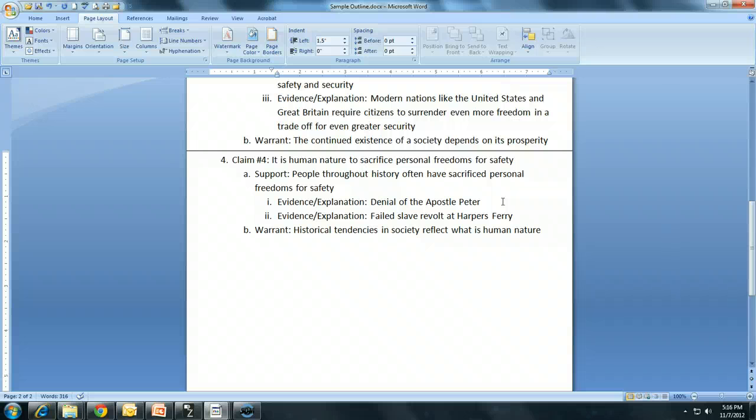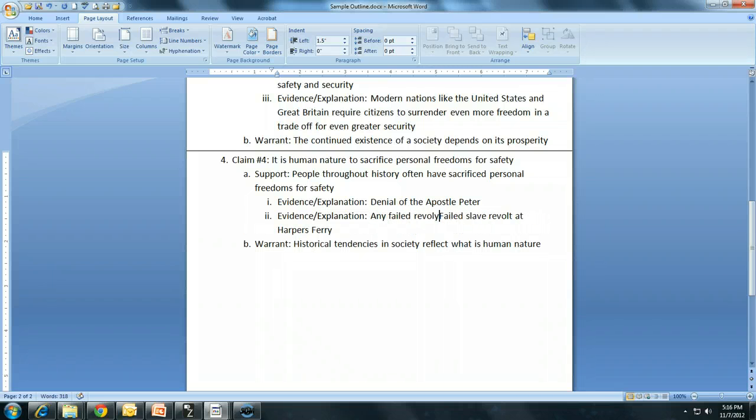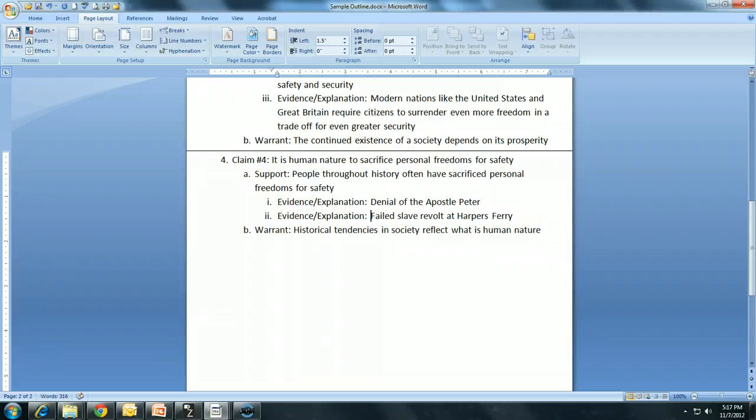But I run the risk of making a hasty generalization if I use this one guy to support this claim. So I want to use a much larger and broader example. So I'm going to say the failed slave revolt at Harper's Ferry. And actually, I'm probably just going to use any failed revolt, or most failed revolts. Let's not get carried away.